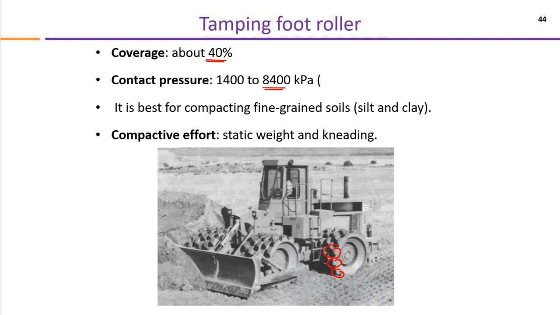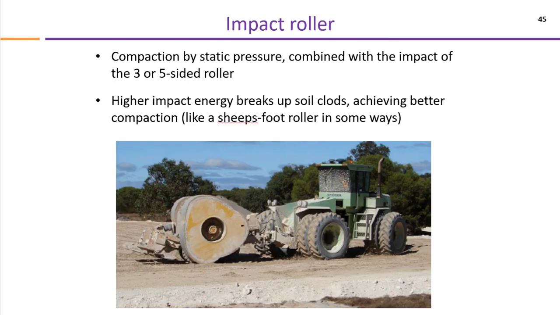the fine grained soils. There is another kind of roller which is called impact roller, and these impact rollers, if you look at the shape of this roller is not circular, it's kind of triangular shape, and some of them have this 5 edges, pentagon shape, this kind of roller.